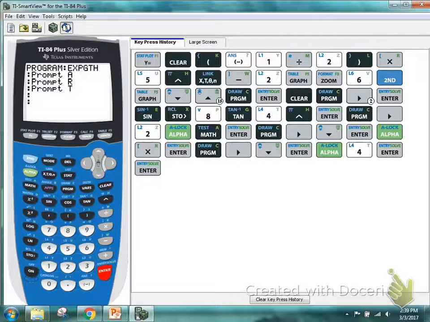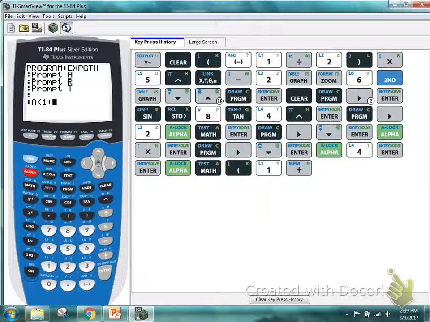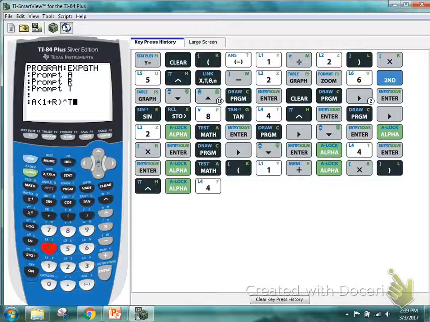Put in the formula, which is A, parenthesis, 1 plus R, close parenthesis, to the T power. And then remember, we need to store that somewhere, so I'm going to store it in X.